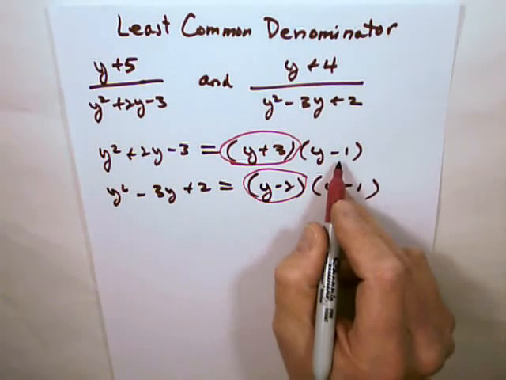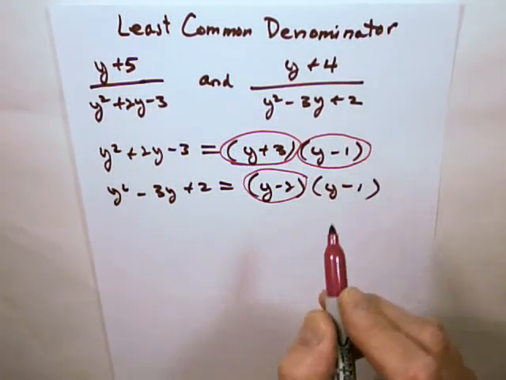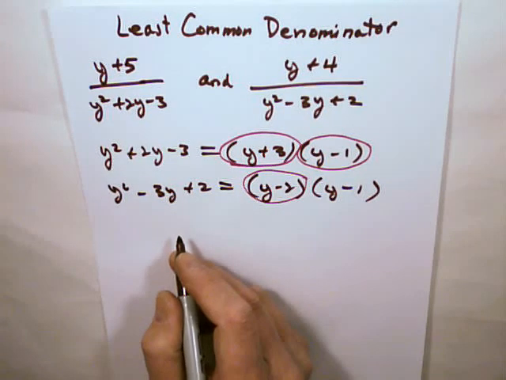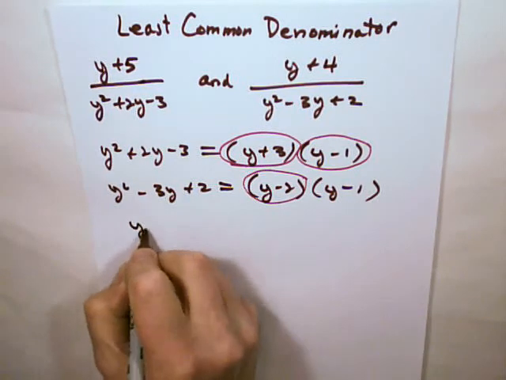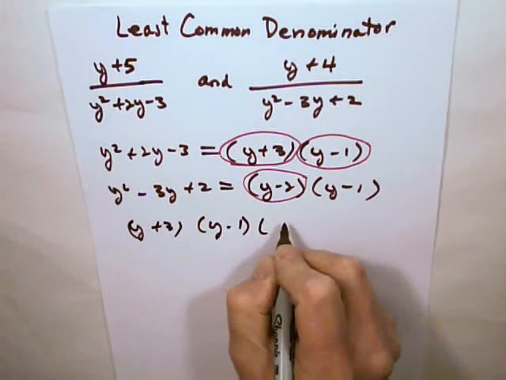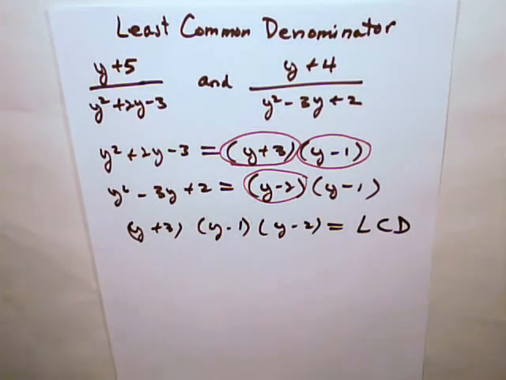Just like I did with the 2's and the 3's before, I'm going to take the most number of occurrences, which is 1. And I've circled my 3 factors that are going to comprise the least common denominator in this particular case. Y plus 3, y minus 1, y minus 2 is equal to my least common denominator.